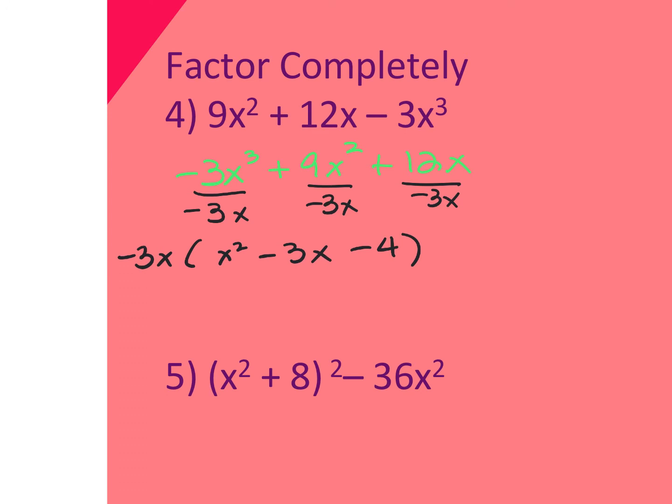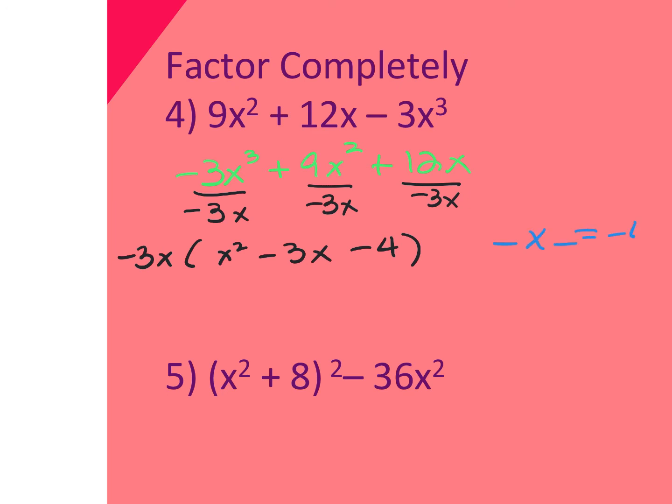I now have a trinomial that can still be factored further. This is what we did yesterday. Now again, don't forget about that GCF. Make sure we keep bringing it down. So now, to factor what's in the parentheses, I'm looking for factors of negative 4.